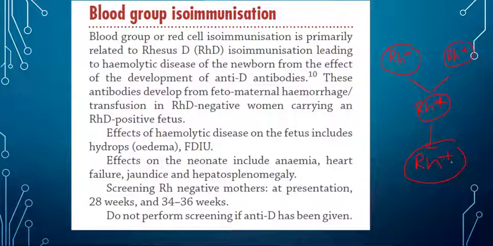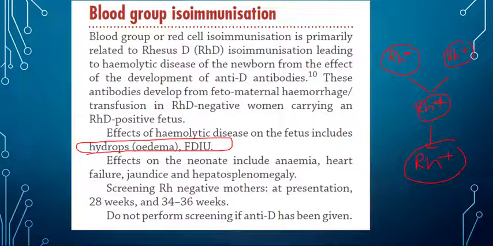And that causes hemolysis of the fetal blood. The child can develop hydrops fetalis, and this can even cause fetal death as well. So that's what RH isoimmunization is.